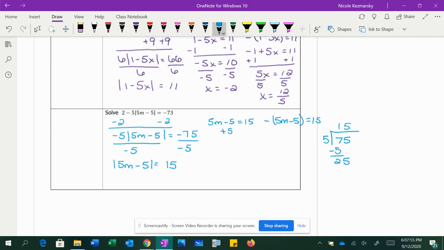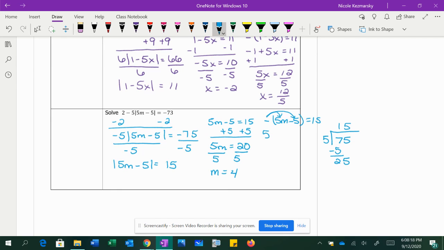The left-hand equation, I'll add 5 first and get 5m equals 20. Dividing by 5, 20 divided by 5 equals 4. For the right-hand equation, I'm going to distribute my negative.